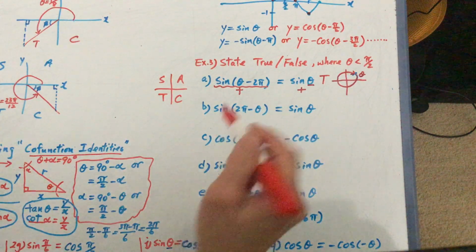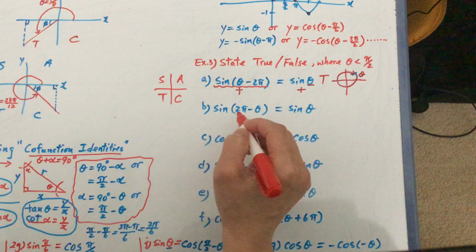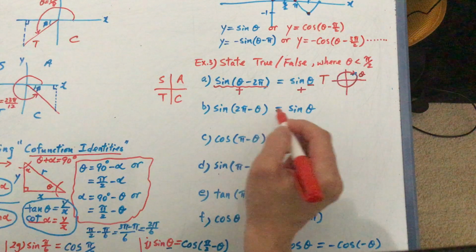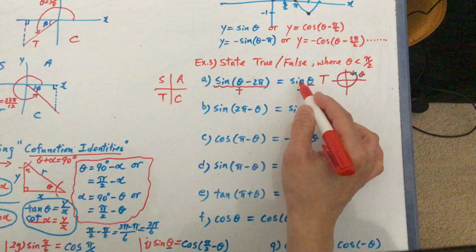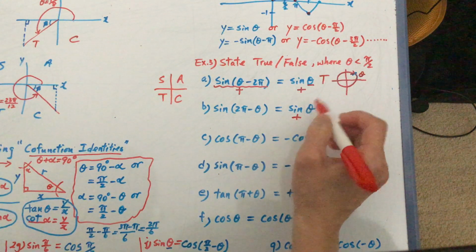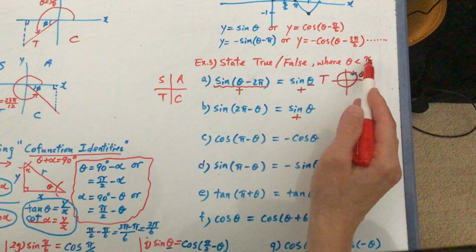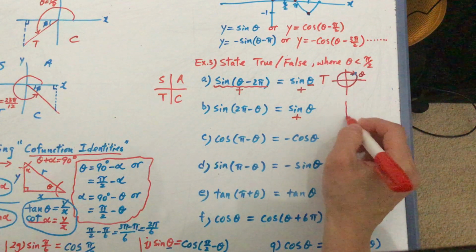Okay, so let's look at another example underneath here. I have sine of 2 pi minus theta equal to sine theta. Well, of course, I know from my previous example that sine theta is positive because theta is less than 90, so it will end up in quadrant 1.